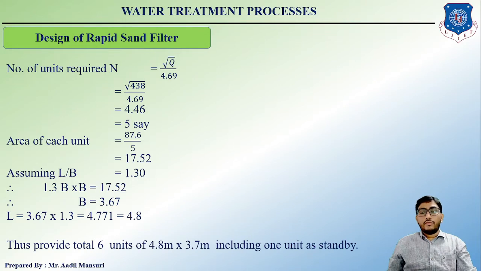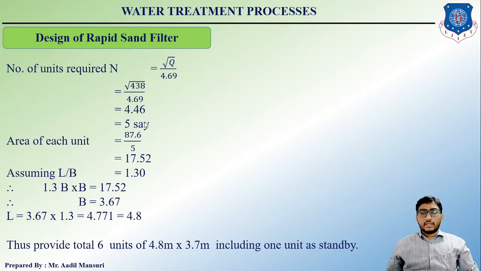Okay, so we have to provide 1 unit extra, fine, for standby purpose, right? So in case any of the units are not working, then the standby unit can be taken into working condition, right? So provide 6 total units of length 4.8 meter and 3.7 meter width. Okay, so this is how we design the number of units required for the rapid sand filter.